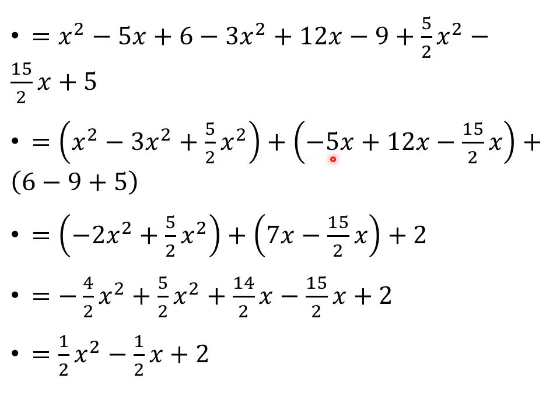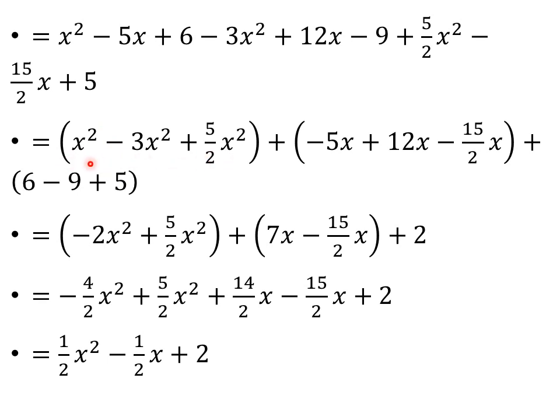Now we arrange the values of x: minus 5x we write here, then plus 12x, and 15 upon 2 x we write here. Here a minus sign is given, so you write a minus sign. Plus we write all numbers: 6 you write here, minus 9 you write here, 5 you write here.